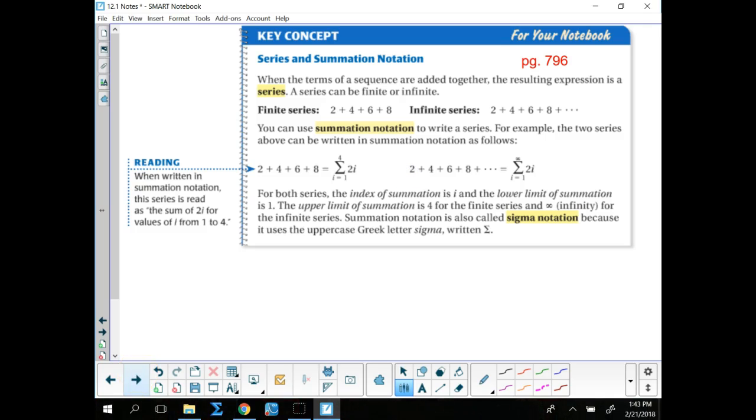Series now. A series is different than a sequence. A sequence is a list of all the numbers. A series is the sum of all terms.